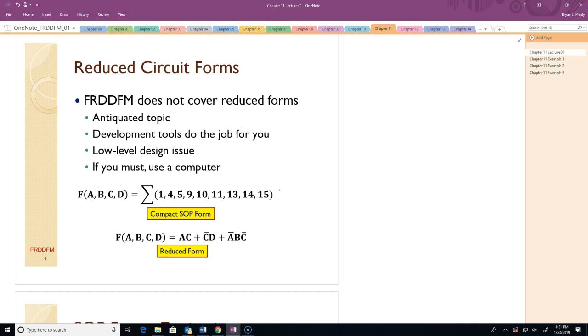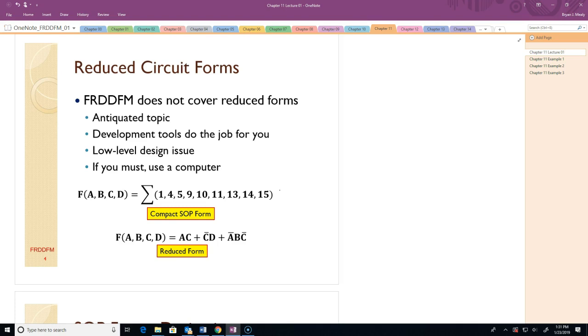This is an antiquated topic in that typically old books would have you use De Morgan's equation and all the theorems to reduce these equations, and then got into Karnaugh maps, which are really cool. They help you apply one of the particular theorems to help you reduce equations. The idea with that is it worked great until you had more than 4 inputs to your system. After that point, it didn't work very well.